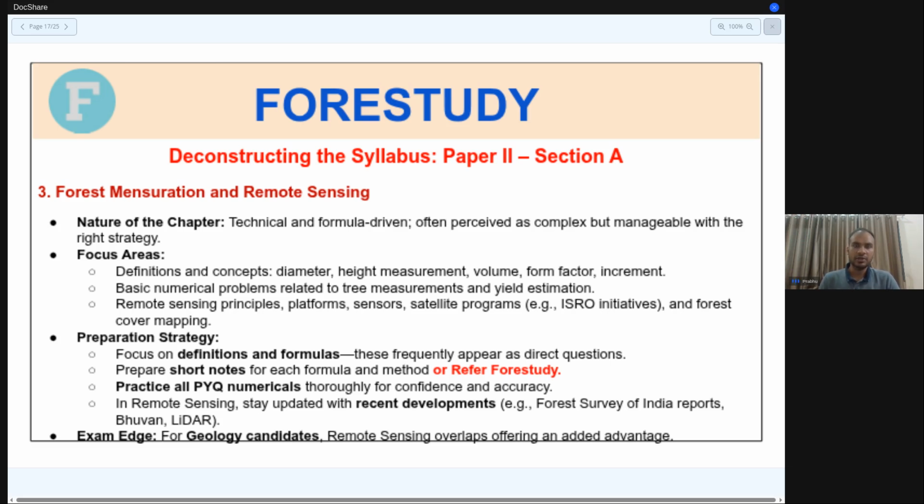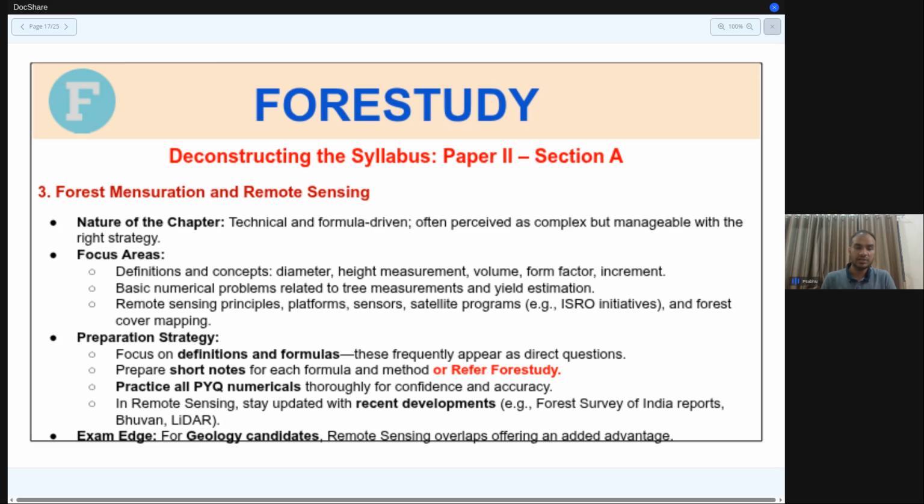If you have been a little weak in mathematics and mensuration type subjects, then devote significant time to this to understand the concepts properly, so that it doesn't create an issue in the examination.